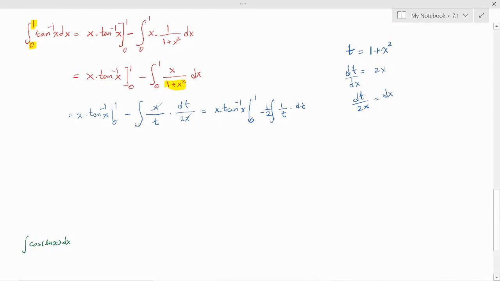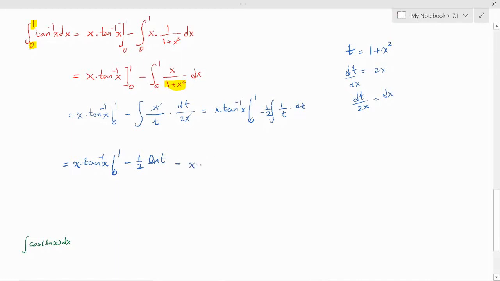So now the integral of 1 over t is simply ln t. So this would be x tan inverse of x evaluated from 0 to 1, minus 1/2 ln t. And there is no constant c required because we know there is a boundary.